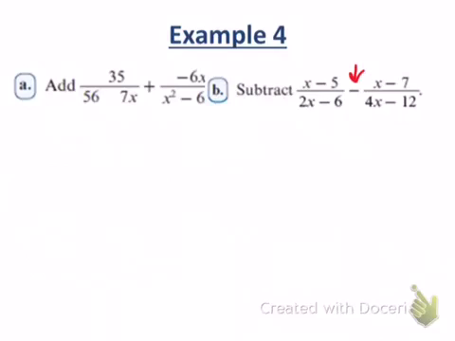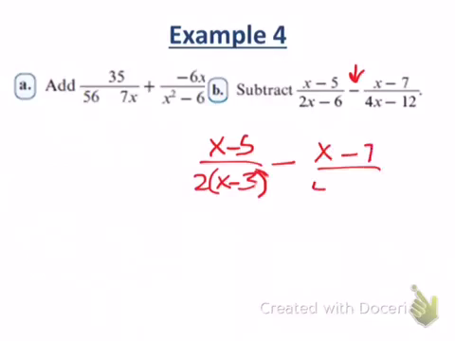The left term, the denominator, will factor as 2 times x minus 3, minus x minus 7 over 4 times x minus 3.